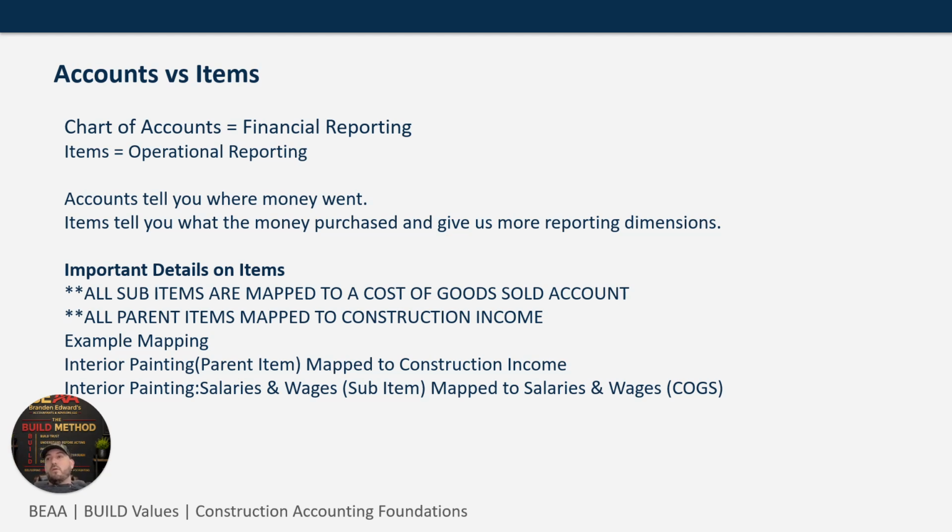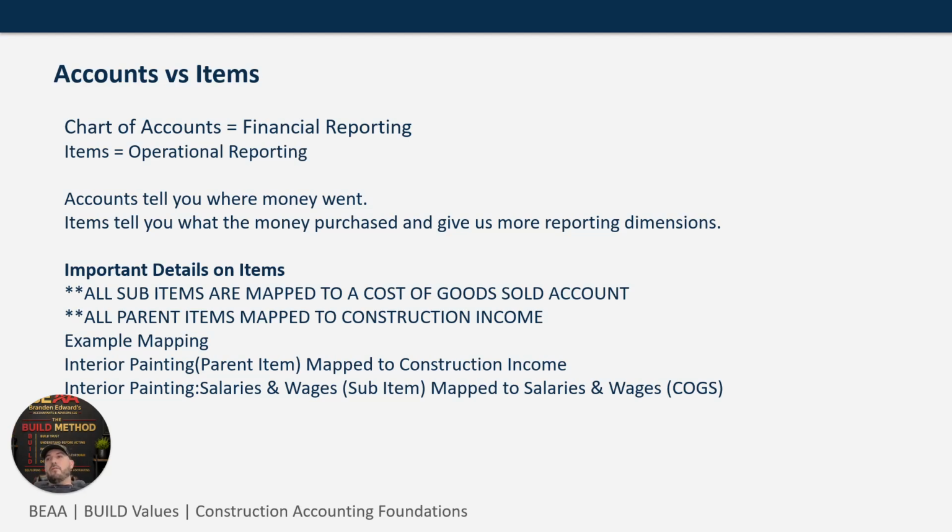Right now, I just want you to understand that when you're mapping things to accounts, you're going to be using financial reports that show you analysis at the account level. Contractors are always going to care about operational reporting way more than account level reporting or financial reporting, right?